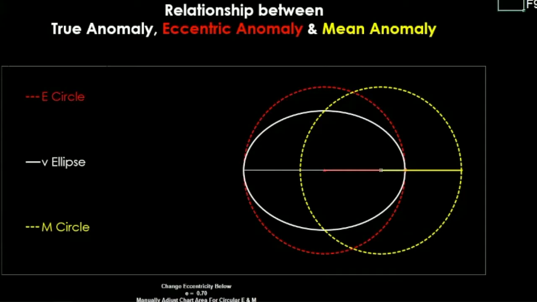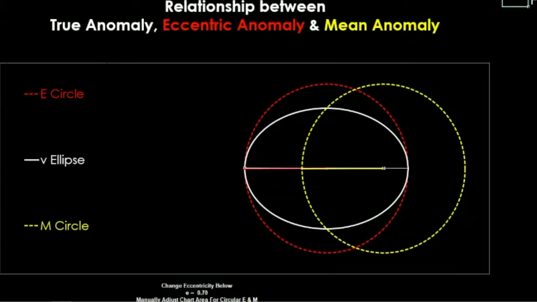Here you can see as we swing around from perigee out to apogee, all three brothers, if you will, the true anomaly, eccentric anomaly, and mean anomaly, are all in the upper half plane. At apogee, all three brothers are stacked on top of each other, all the same value at pi.